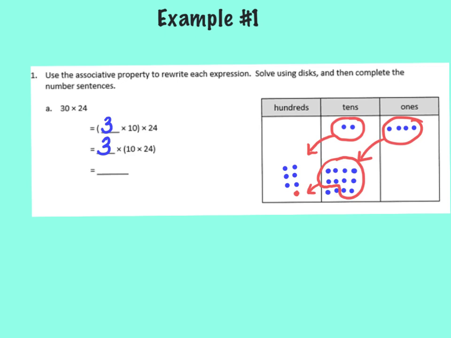Now we can solve our problem. Now we can see here that there is 1, 2, 3, 4, 5, 6, 7 hundreds, and there are 1, 2 tens, and there are 0 ones. So 30 times 24 is 720.